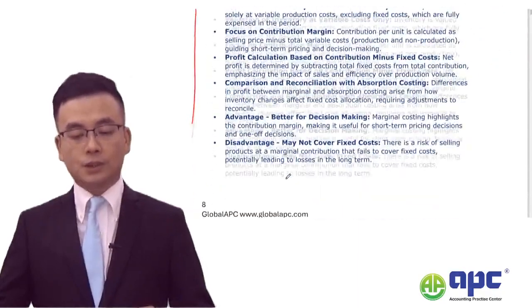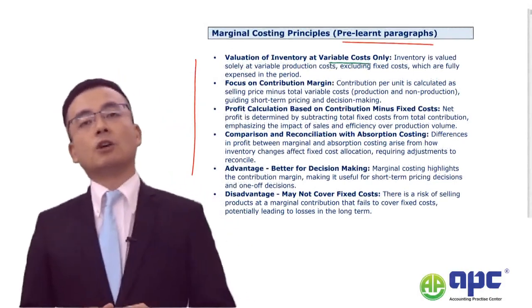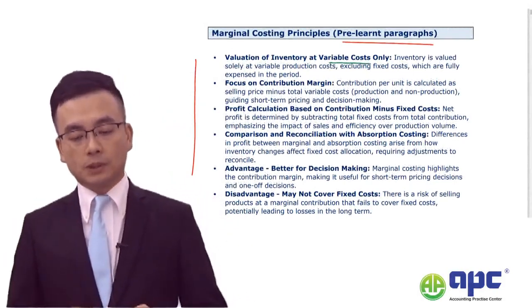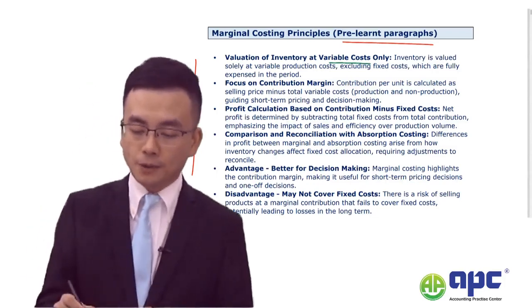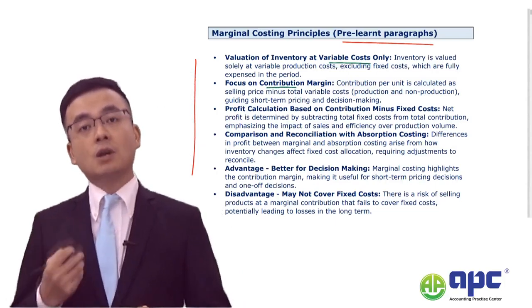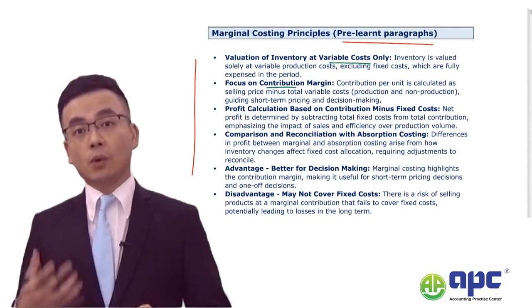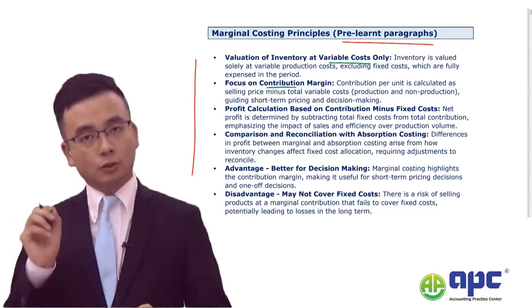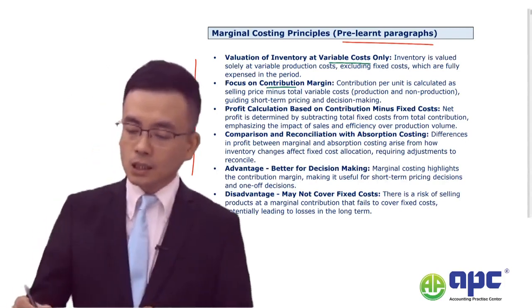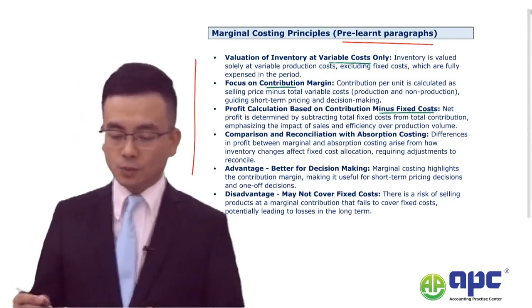For marginal costing, on the other hand, you can read them, for example, the inventory cost will include the variable production costs only. And we are focusing on the concept called contribution because we are taking the revenue and minus all of our variable costs to determine whether or not this is profitable, but in the short term. And we will need to minus the fixed costs when we calculate the net profit later on.